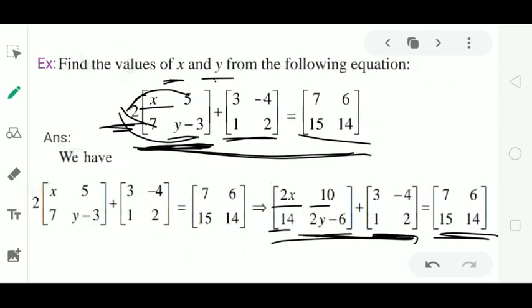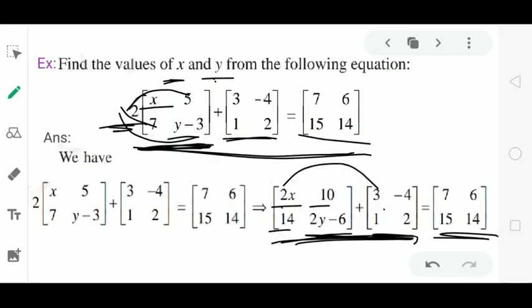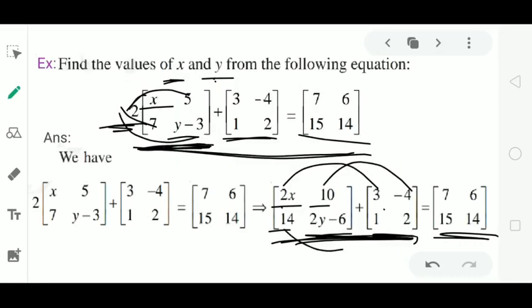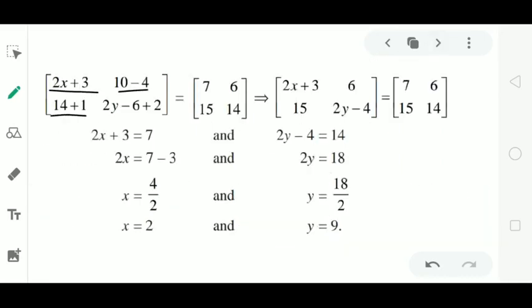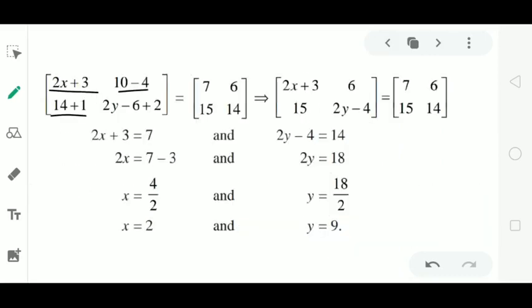In the LHS, there is a sum of two matrices, so we add the corresponding elements. 2x plus 3 is the first element of their sum. 10 minus 4 is 6. 14 plus 1 is written in the third place. 2y minus 6 plus 2 is written in the fourth place, which is equal to RHS.